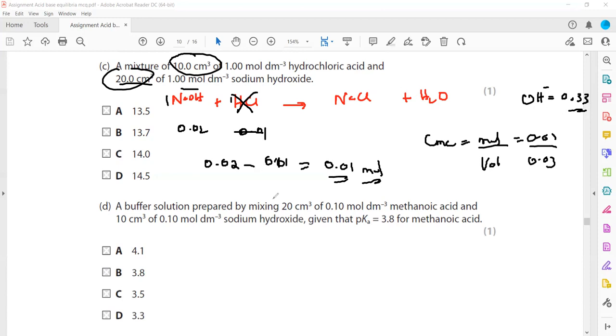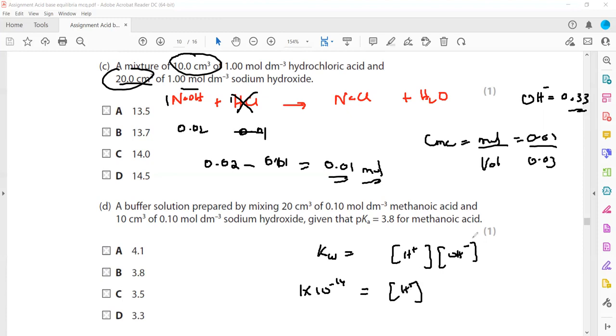But to find the pH, we need the concentration of hydrogen ion, because pH is equal to minus log of hydrogen ion concentration. So we take the formula that the dissociation constant of water is the product of the hydrogen ion concentration and the hydroxide ion concentration, which at 25 degrees is 1 times 10 to the minus 14.